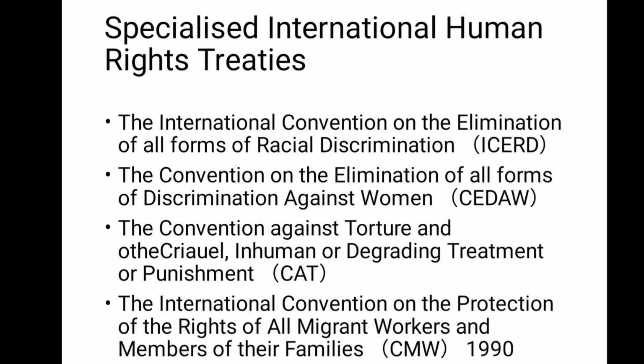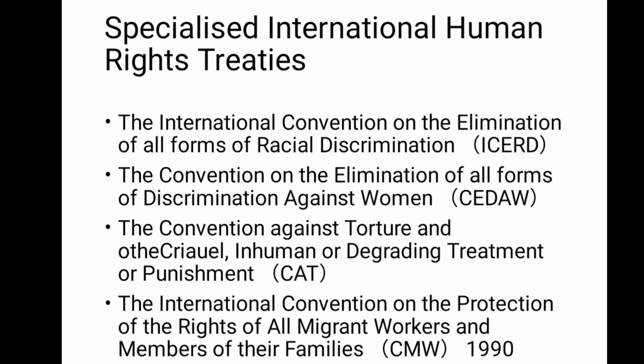Now, the summary of the provisions that this convention has is the condemnation of racial discrimination, segregation, and apartheid. Then we also have prohibiting the practice of racial discrimination by individuals or organizations. We also have the condemnation of all propaganda and all organizations based on ideas or theories of superiority of one race or group of persons, of one color or ethnic group, and to declare such an offense punishable by what? By law.